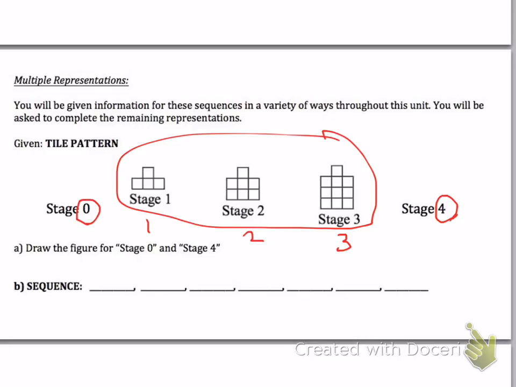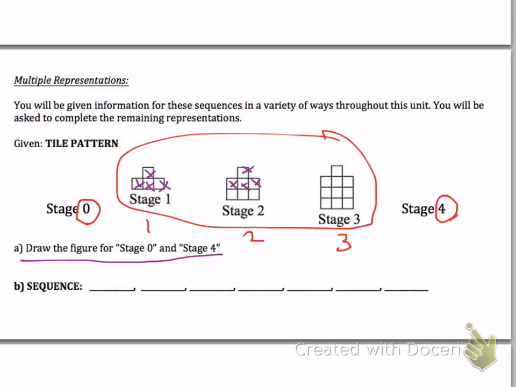So first question says to draw the figure for stage 0 and stage 4. So first thing we need to do is figure out how this is growing. So if I kind of put an X in each of these boxes, and an X in each of these boxes, and this is just how I visually see it. Others see it differently.